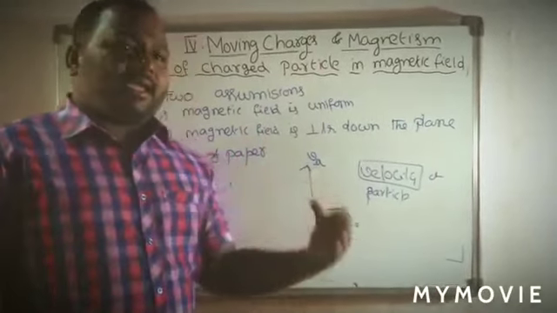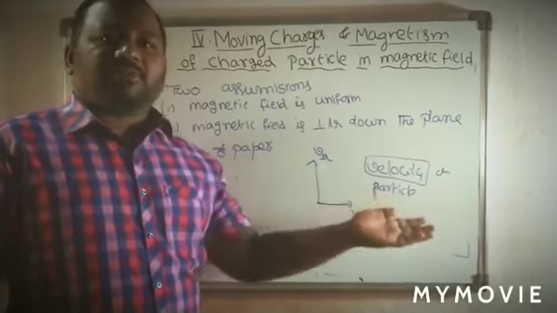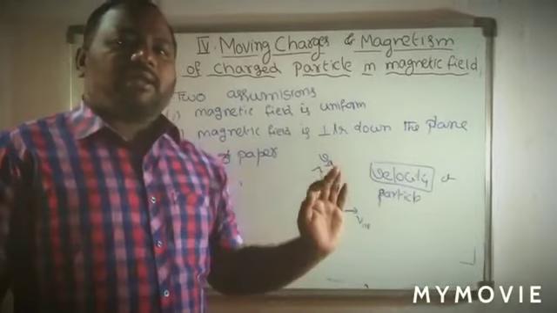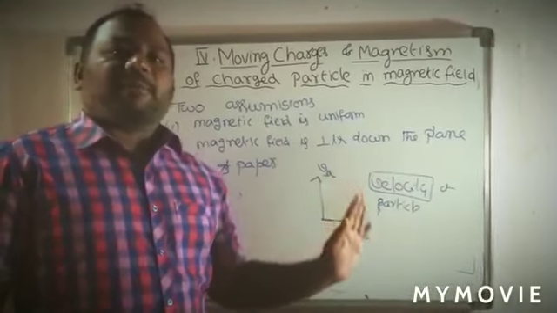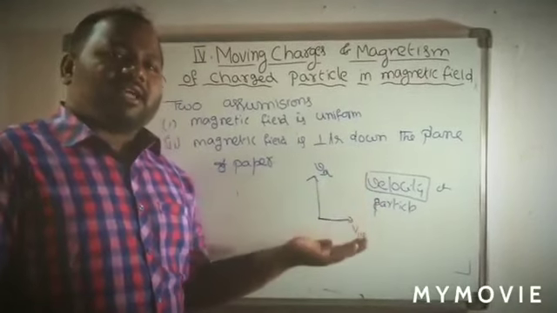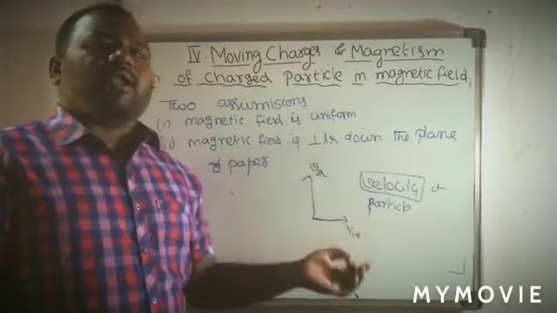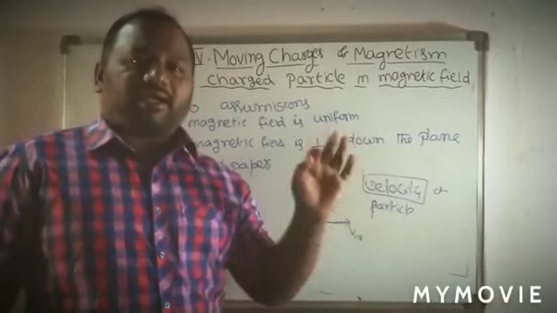Clearly understand? Motion of charge means velocity of the charged particle, and velocity has two components: perpendicular and parallel. Perpendicular component means the velocity is perpendicular to the magnetic field. Parallel component means the velocity is parallel to the magnetic field.